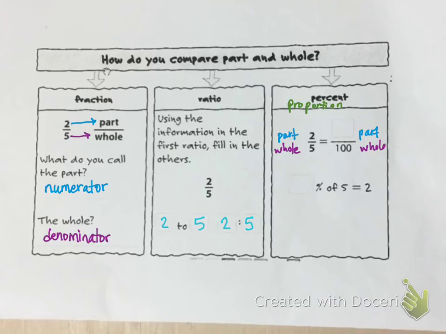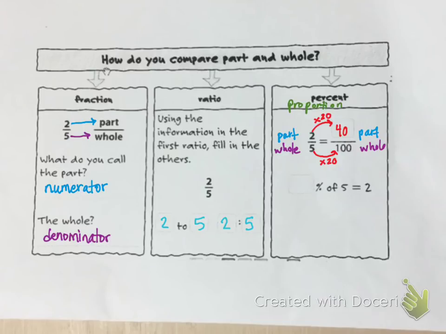So let's look. I know I can get from 5 to 100 by multiplying by 20. So if I do that to my numerator, that's going to tell me my mystery number. So 2 times 20 is 40. So here we have 40 is the part compared to the whole of 100.